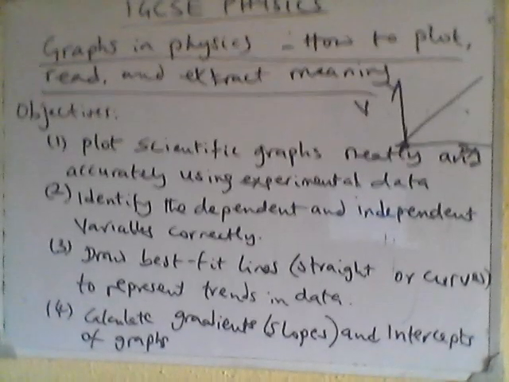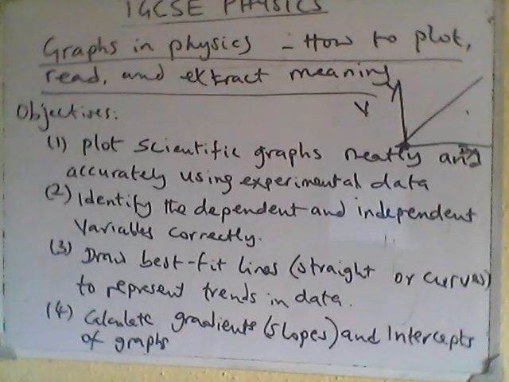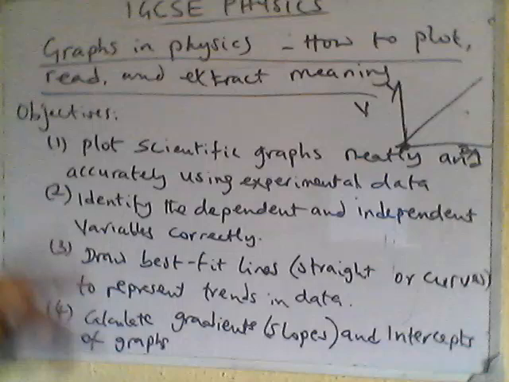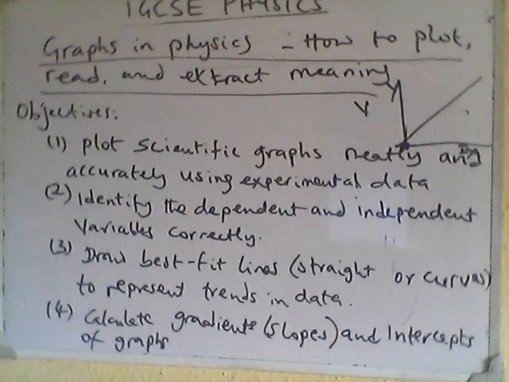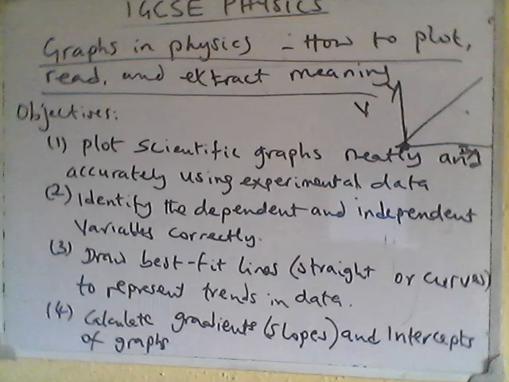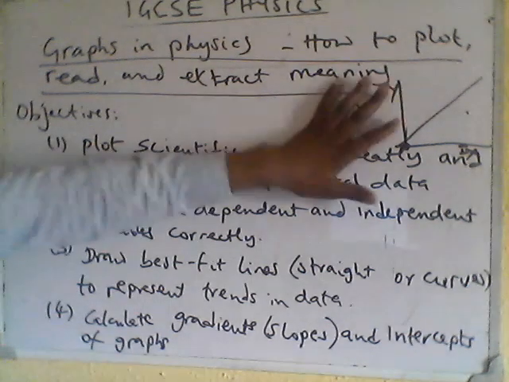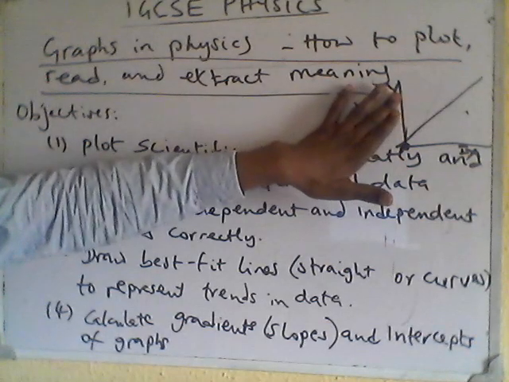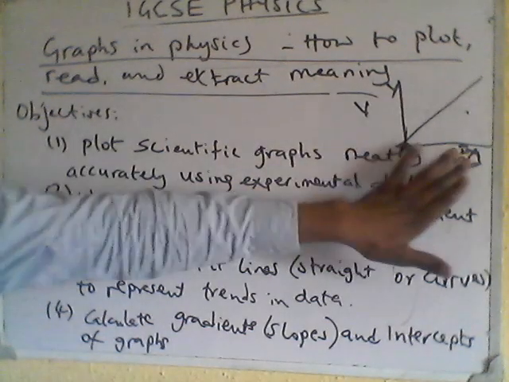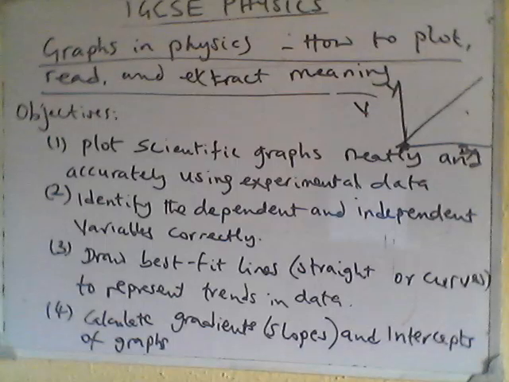Examples of independent variables are time, voltage, or mass. And the dependent variable is the one that you measure. It actually goes on the y-axis. So the dependent variable goes on the y-axis, while the independent variable goes on the x-axis.